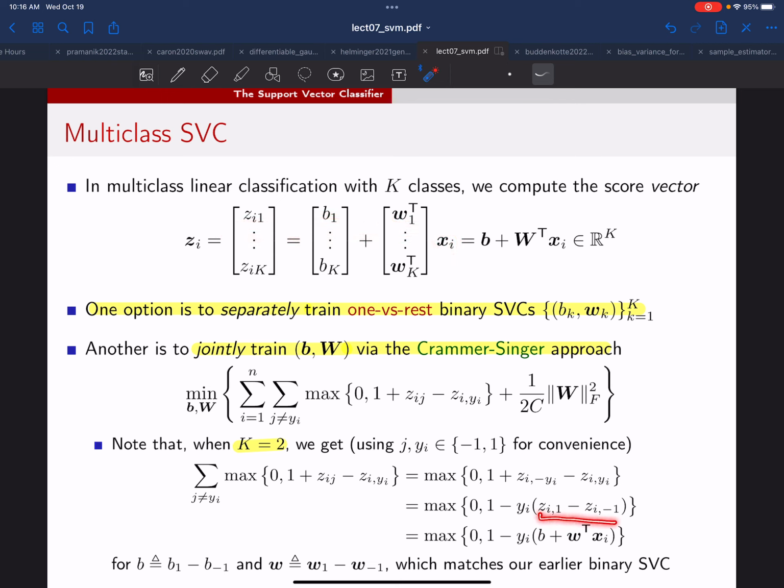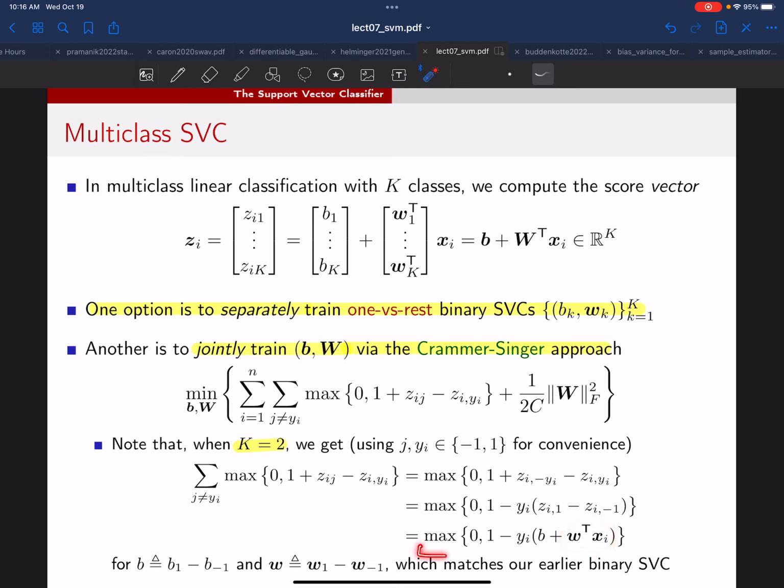When you take the difference between those two scores, you essentially get the difference between the two bias terms, b1 minus b negative 1, and let's define that as b. Then we can write that difference just simply as b here. Similarly, you're going to get the difference between these two weight vectors. Let's define that difference as w, and then that allows us to write things like this.